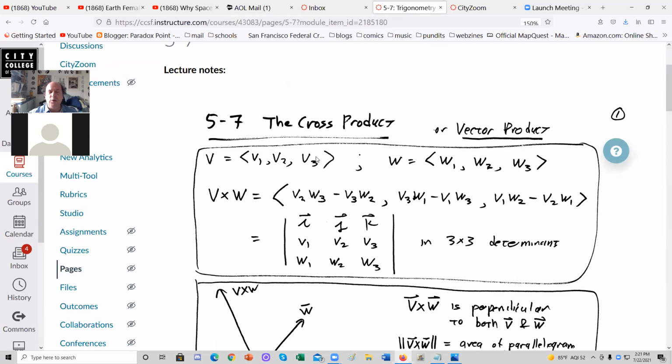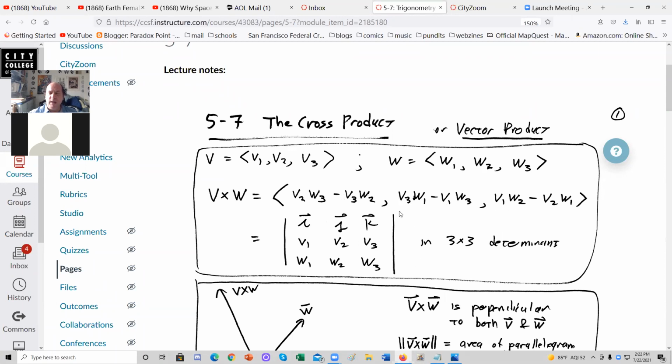So given two vectors, v1 by v2 by v3, w1 by w2 by w3, the cross product is a three-dimensional vector. And okay, it has this complicated formula: v2 w3 minus v3 w2, v3 w1 minus v1 w3, v1 w2 minus v2 w1.